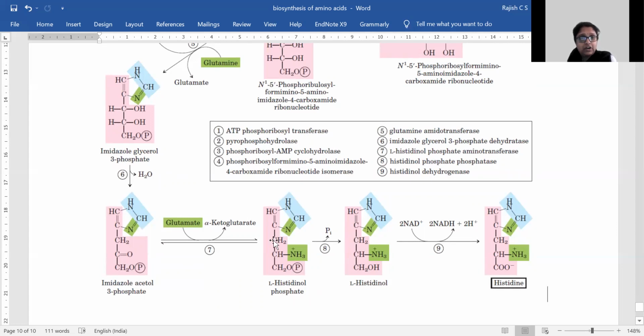So we have histidinol phosphate, and then this phosphate is not required for the amino acid, right?